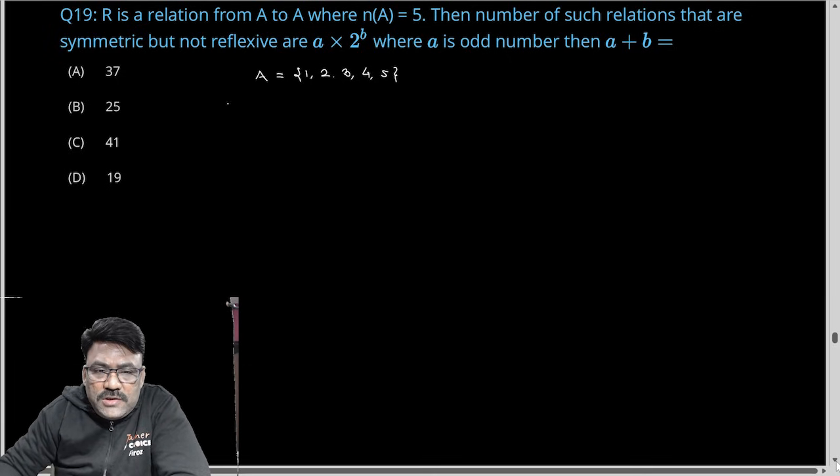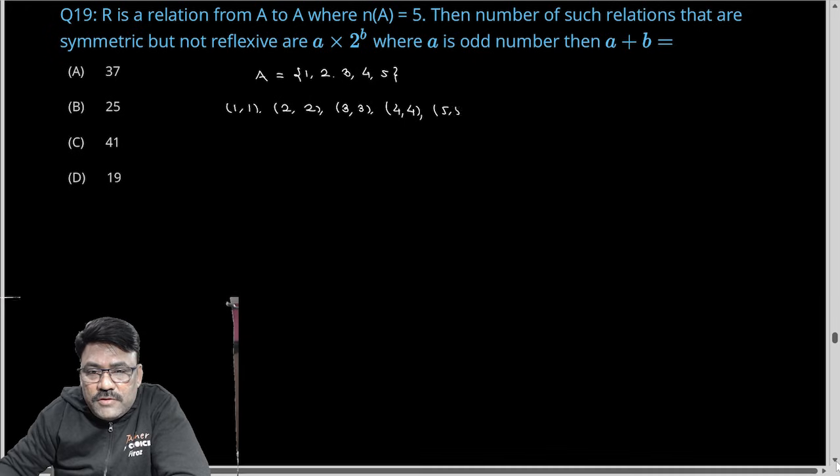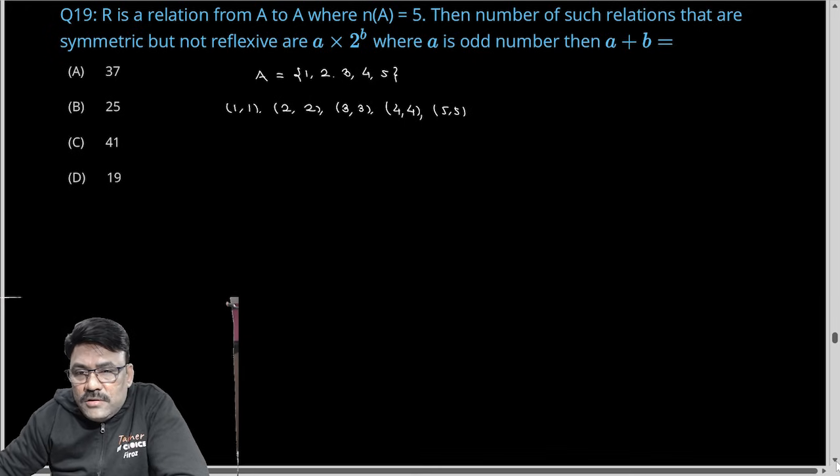A cross A will contain 1, 1, 2, 2, 3, 3, 4, 4, 5, 5. These 5 pairs, and then these type of pairs: 1, 2, 2, 1. Then 1, 3, 3, 1. Then 1, 4, 4, 1. Then 1, 5, 5, 1.